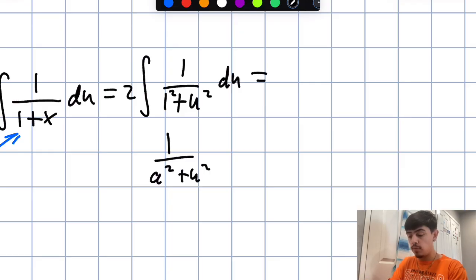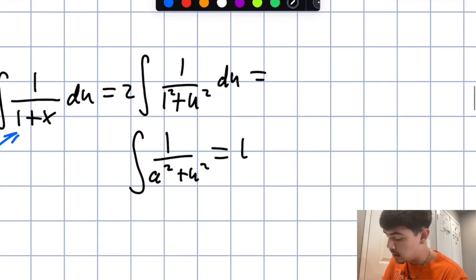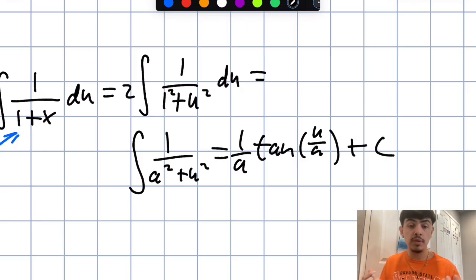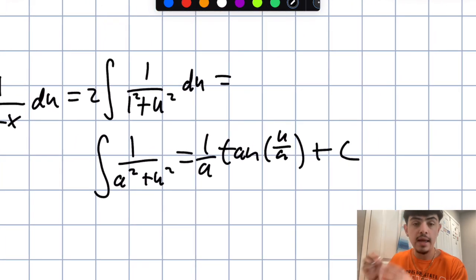Whenever you have this form, the antiderivative is going to be 1 over a times arctangent of u over a plus c. That's the formula for this type of integral. So in our case, let's go ahead and take the antiderivative now. We have this 2 on the outside, don't forget that, times 1 over a, right?